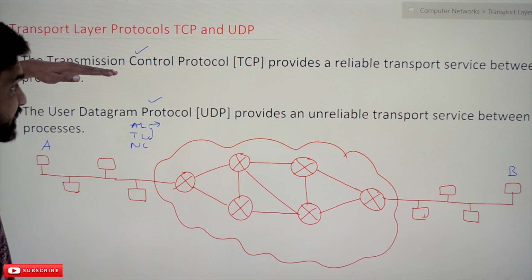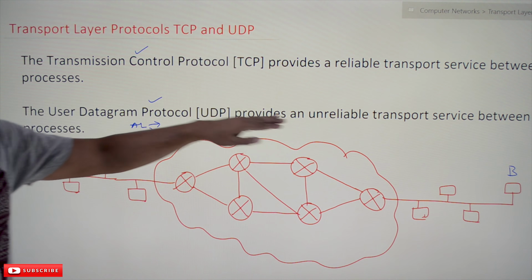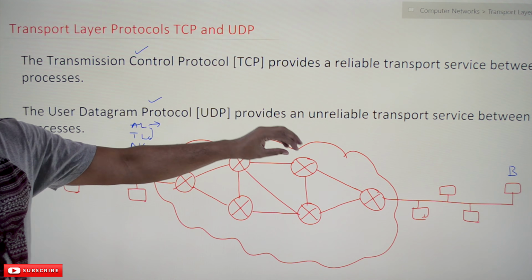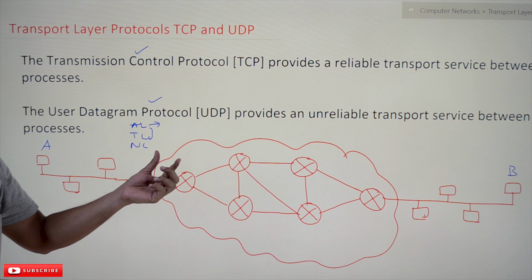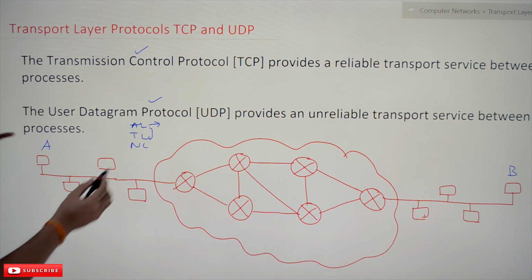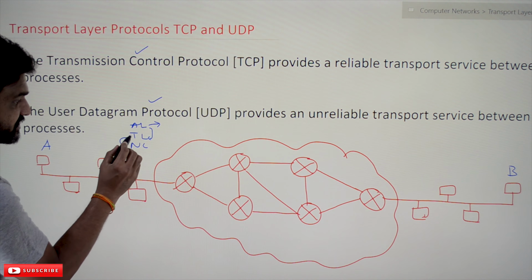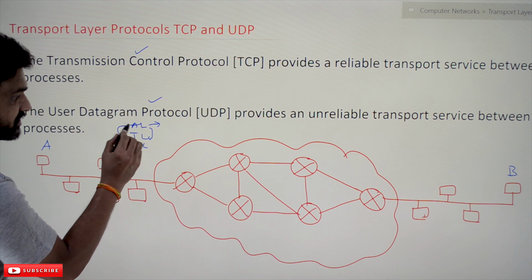Either it can be reliable or it can be unreliable communication. But the network layer is always unreliable. So that reliability is provided by the transport layer based upon the application.